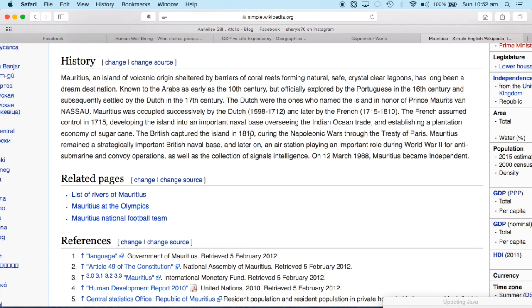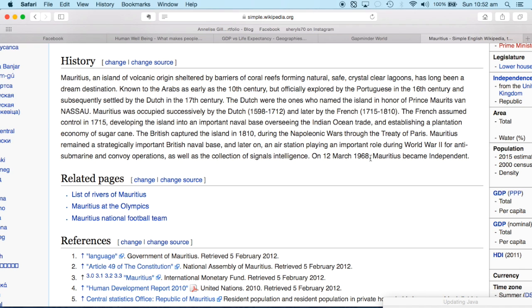So in 1810, we had the British taking over. And it became a British Navy base. Now, I would think that that would maybe improve the life expectancy, but we'll have a look at that. So that was in the 1810.